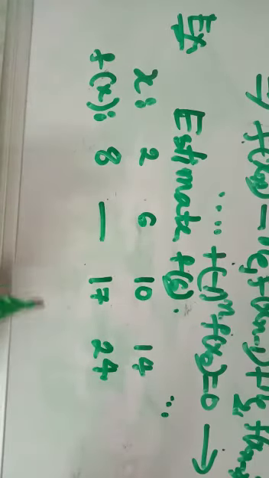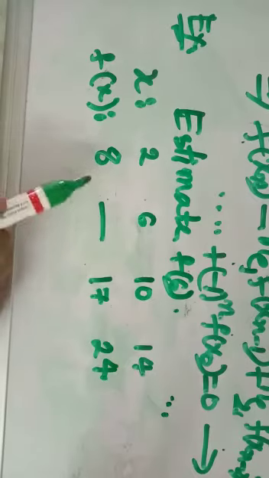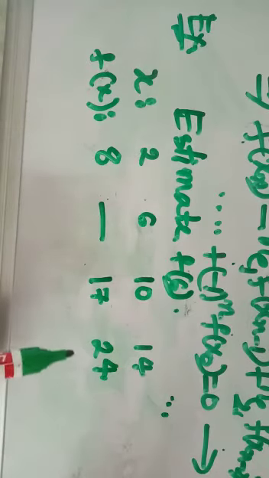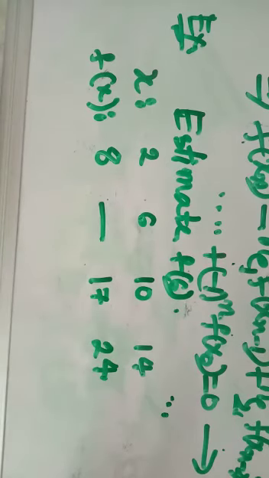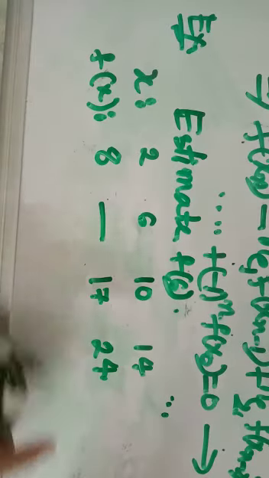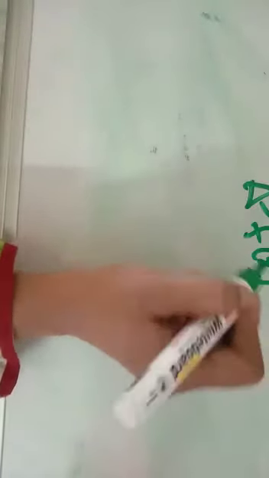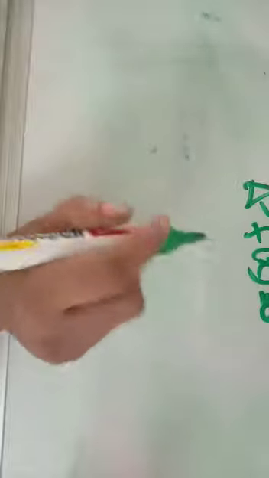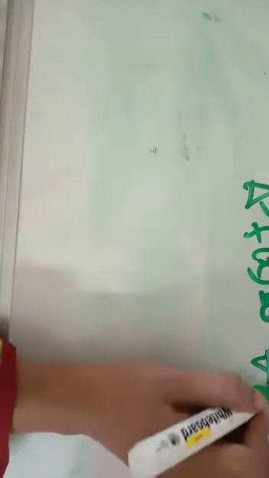Now you see here 3 values of f(x) are given. So we assume that del cube f(x) is equal to 0 for all values of x.